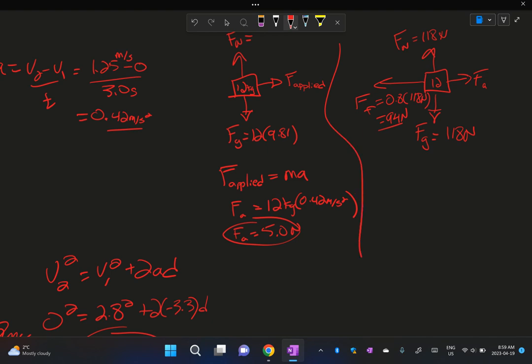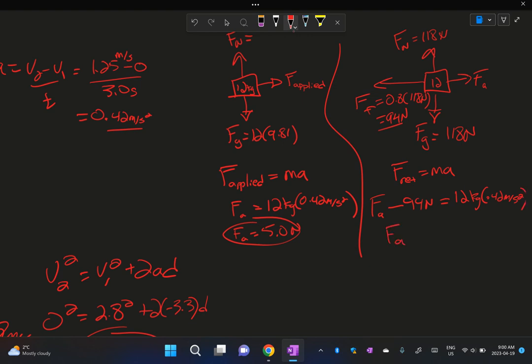Now, when I go to make my F net statement, Newton's second law, F net equals ma, my forwards force minus my backwards force is the applied force forwards minus friction, which I know is 94 newtons, equal to mass, 12 kilograms, times the acceleration, which we still want to be 0.42 meters per second squared.